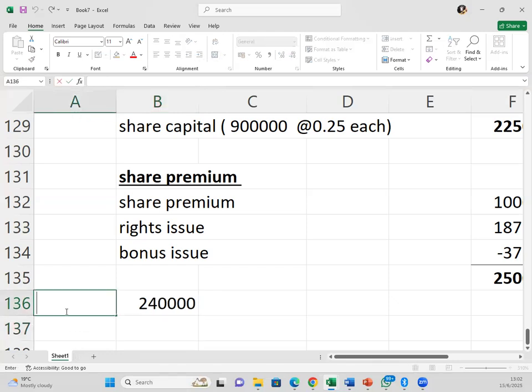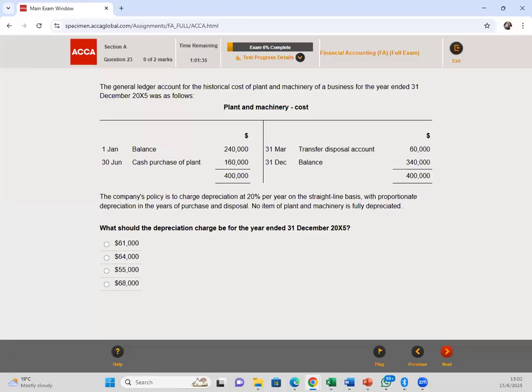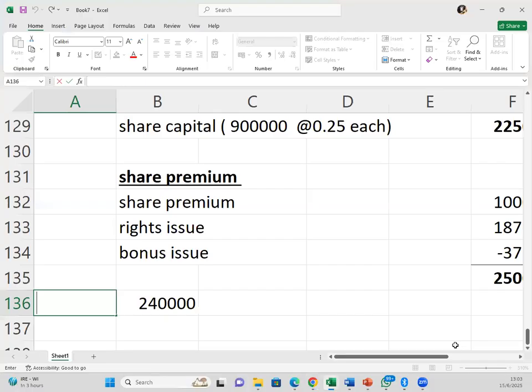That is on 1 January, which is the next date. The next date is March when we disposed. So the next date is March, then June, then December. So may we break the periods as follows. We have 1 January.